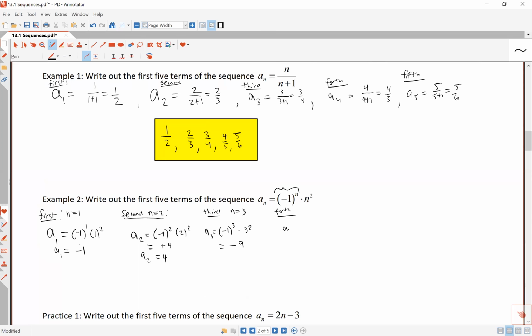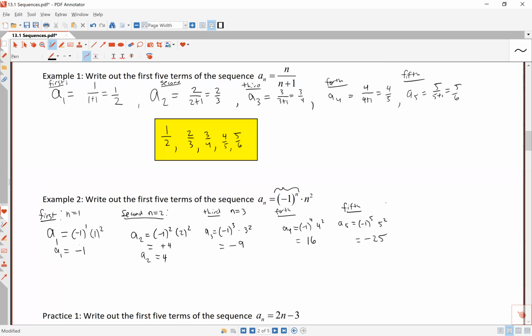The fourth term, now we're back at putting an even number under the negative, and then 4 squared. That's positive 4 squared, which is 16. Then we're back at the fifth term, an odd exponent on a negative gets us back to negative, or negative 25.